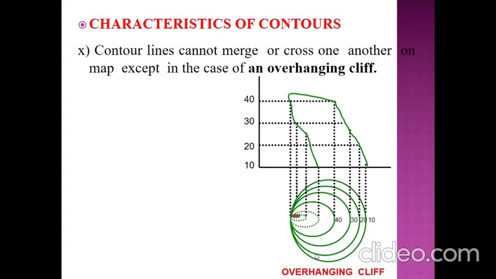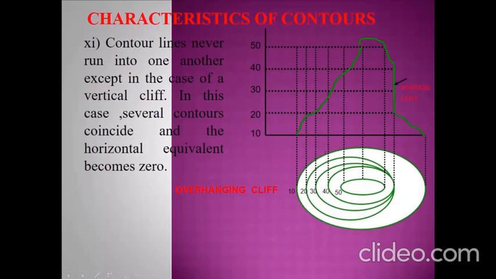According to that you will get the nature of the contour lines like that, and this point is nothing but the overhanging point of the cliff, so that you will get the contour map which is shown in the diagram. Then the next characteristic: contour lines never turn into one another except in the case of a vertical cliff. In this case, several contours coincide and the horizontal equivalent becomes 0.